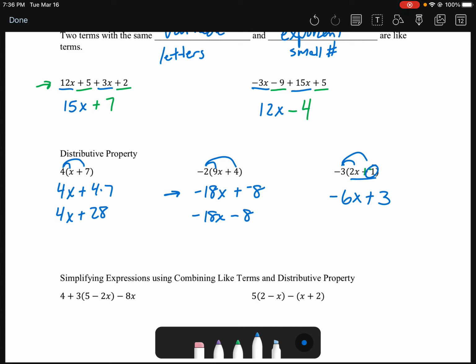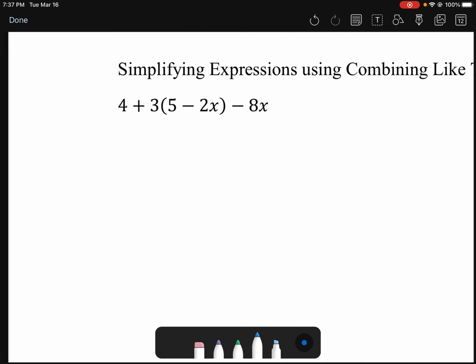Now, morphing these all together, taking my combining like terms and my distributive property and putting it all into 1. So for this first one, I have 4 plus 3 times the quantity 5 minus 2x, minus 8x. Now again, remember I said when there's a minus sign inside the parentheses, I would put LCO there. It seems like a good idea.